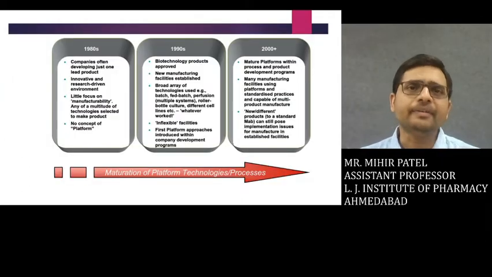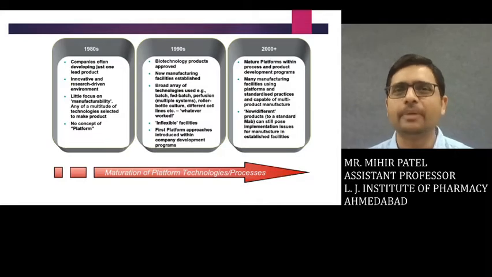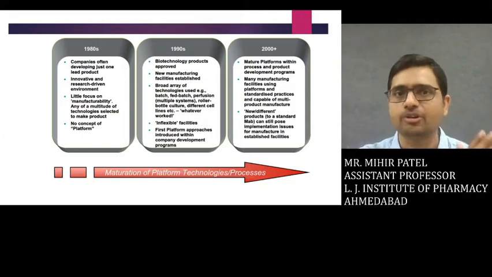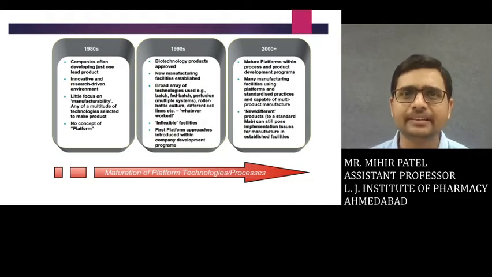Now if I talk about the historical movement of pharmaceutical platform technology, right from the 1980s, there was no concept of platform.